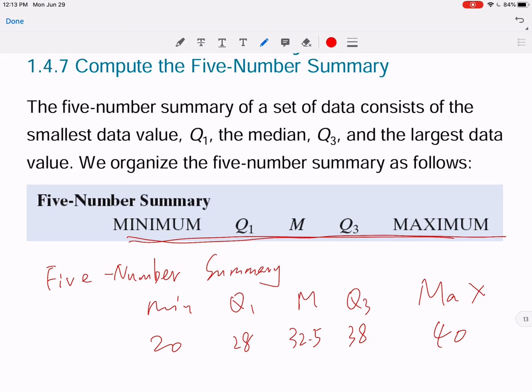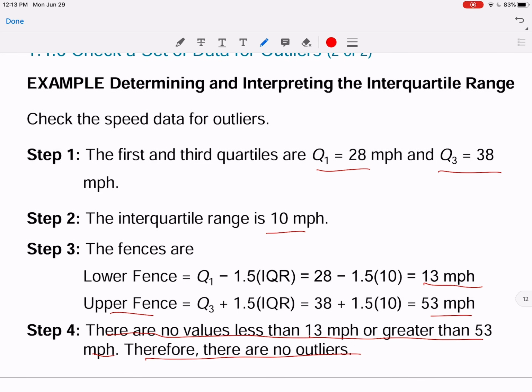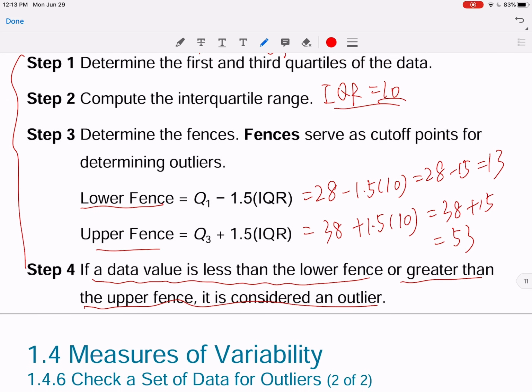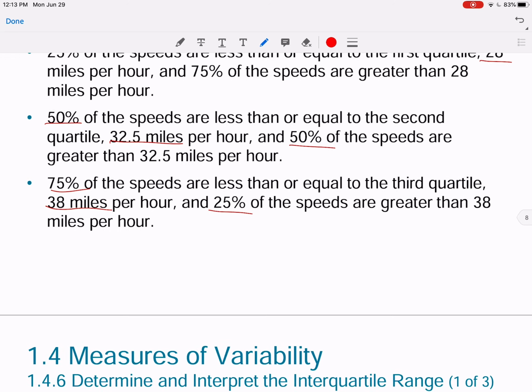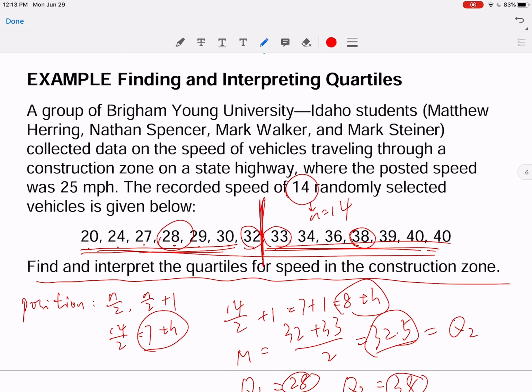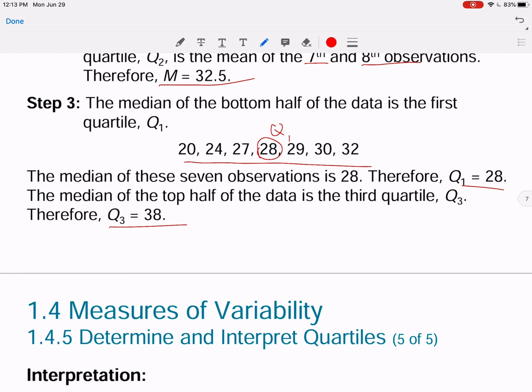I think that's right. Let me get back and double check. Q1 28, Q3 38, that's right. And the median is 32.5, that's right. The smallest number is 20 and the largest number is 40. So we're done.